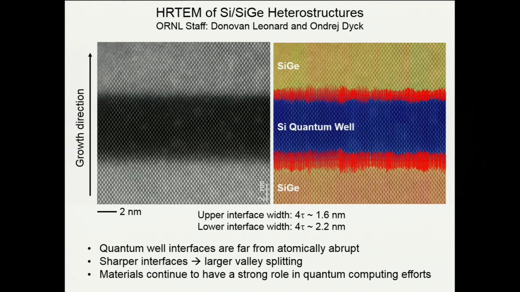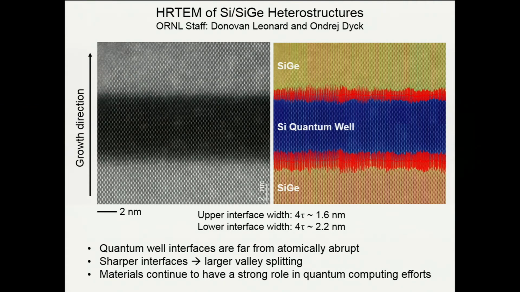This is work with Donovan Leonard and Andrew Lupini at Oak Ridge National Laboratory, and they've been doing high resolution transmission microscopy to measure the interface abruptness between the silicon quantum well and the silicon germanium spacer layers.